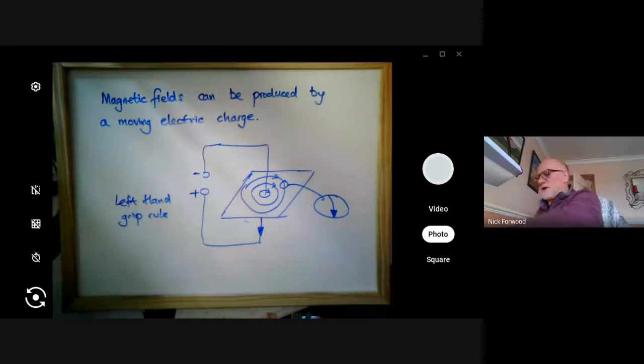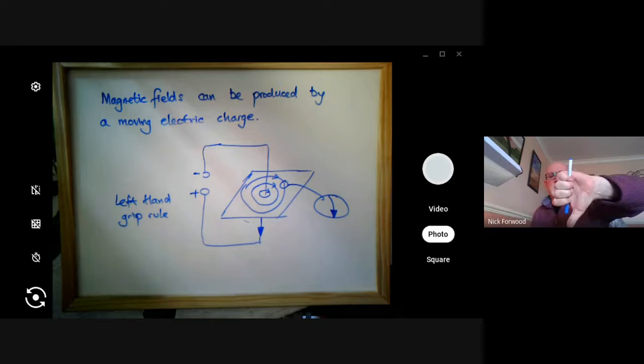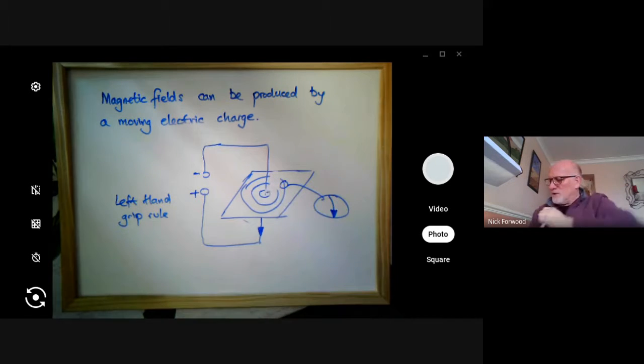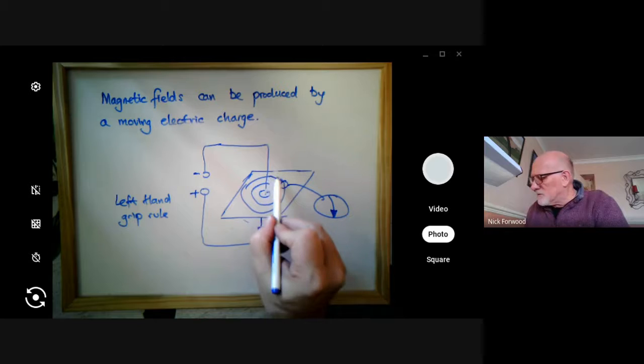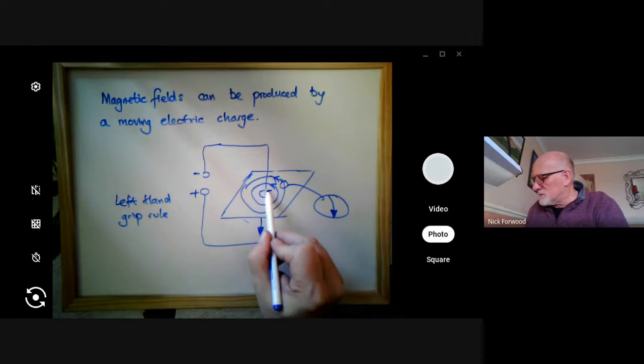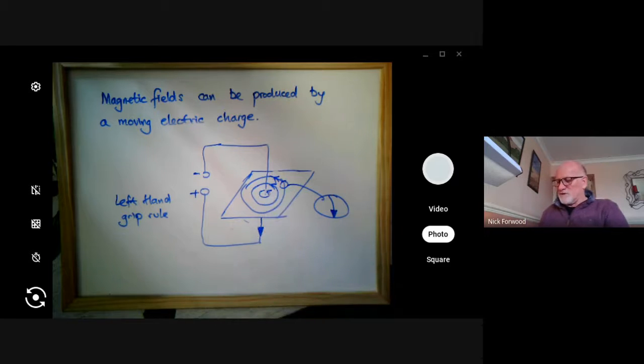I'll turn it upside down, and you can see that your fingers curl round the other way, and so you change the direction of all the arrows. You take out all those arrows going that way, and you'd turn them round like that. Okay, so that's called the left-hand grip rule.